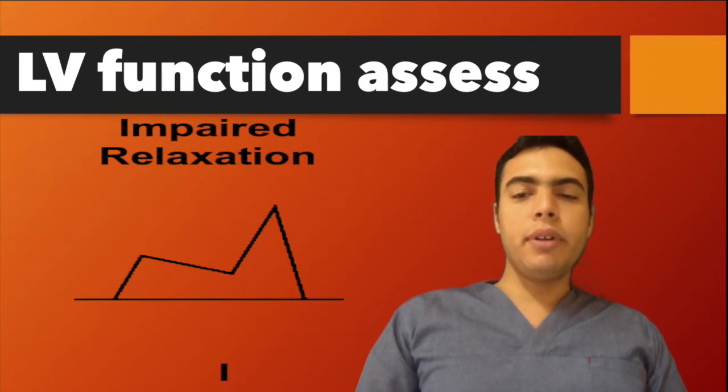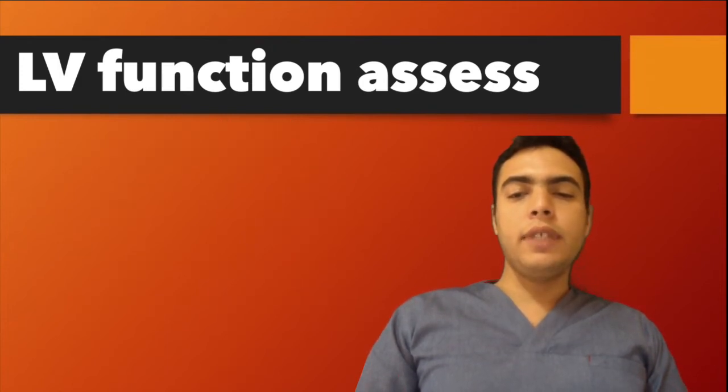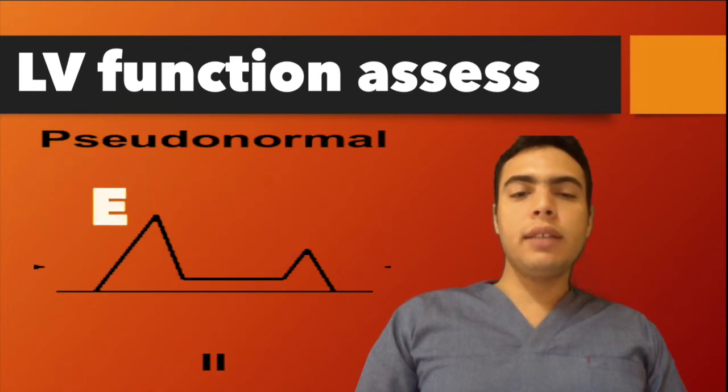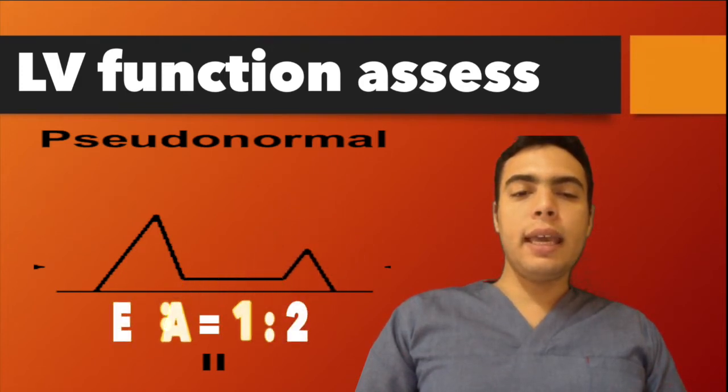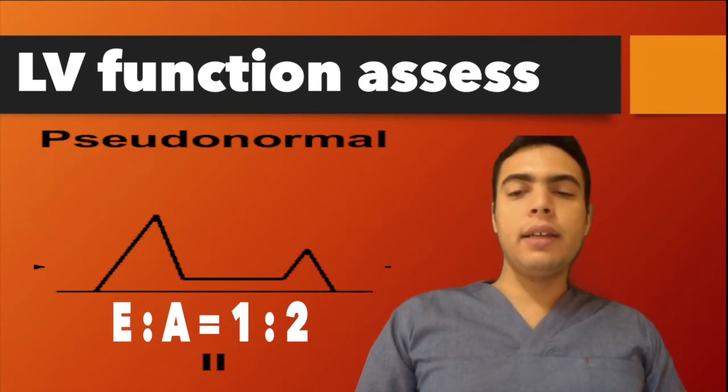which is impaired relaxation. If the E wave is much greater than the A wave, or the EA ratio becomes 1 to 2, which means the A is nearly half the way through the E, this means grade 2 diastolic dysfunction.